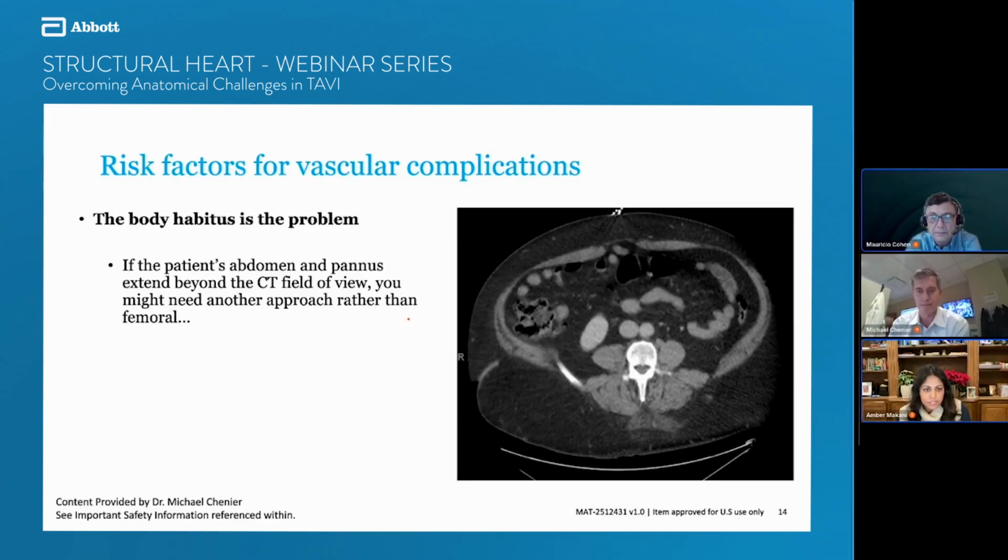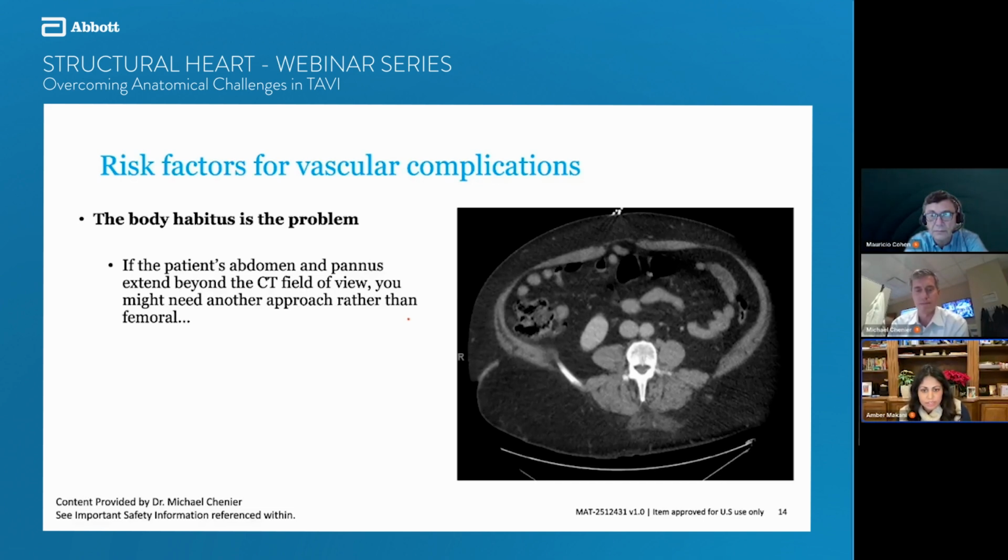With regard to vessel preparation, if there's any question, typically we're looking at the option of alternative access. If alternative access doesn't seem reasonable, then considering calcium modification in the iliacs and femorals seems appropriate.